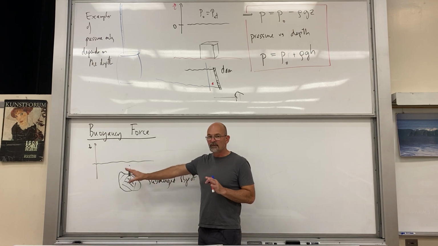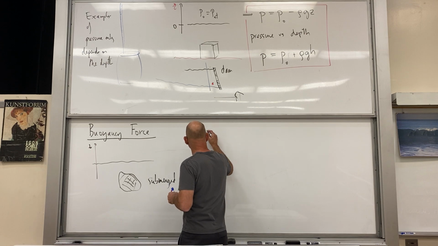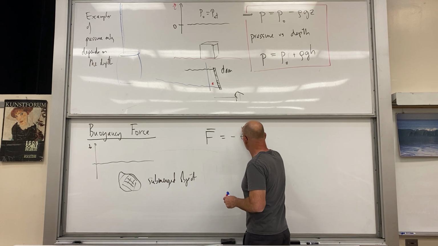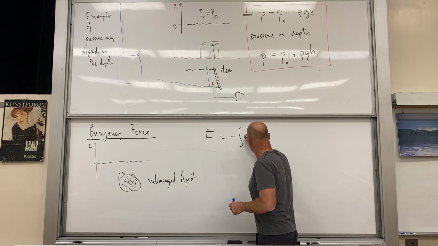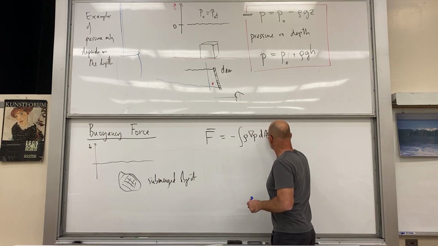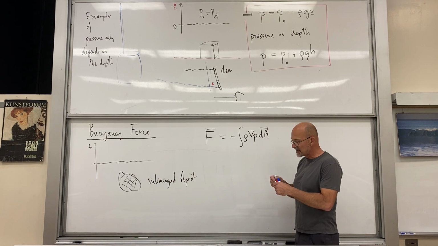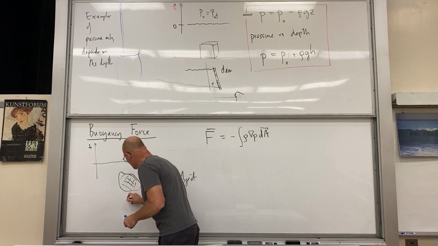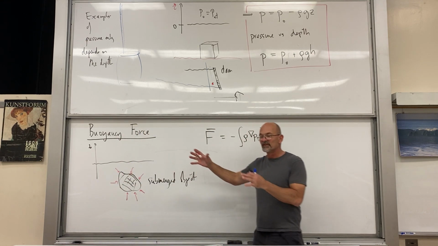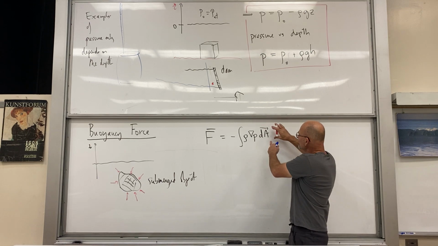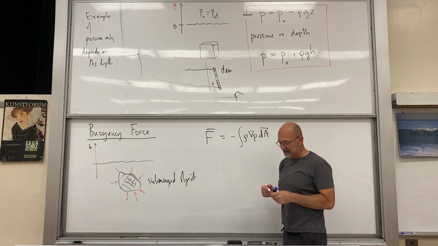The force is the force due to the pressure, so we can first start by just writing F is equal to minus the integral of P, gradient P, rho gradient P d area, okay, surface area, and again the minus sign because the force due to the fluid is acting like that from all sides, whereas the surface normal is pointing out, so that's where you get the minus sign.